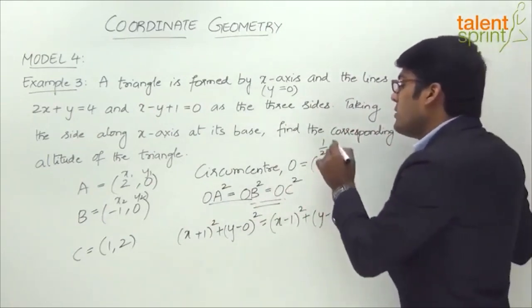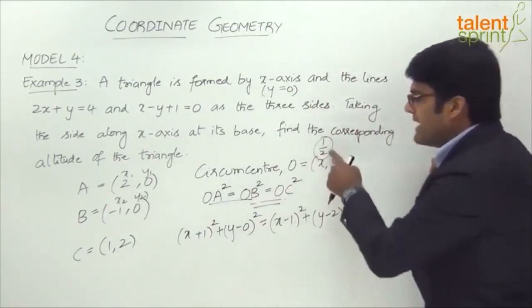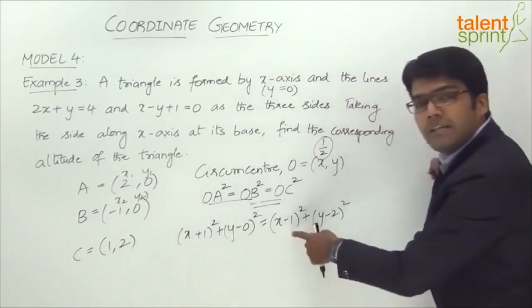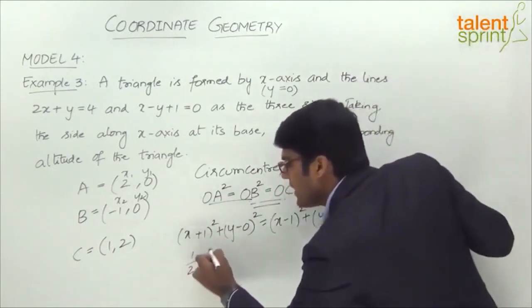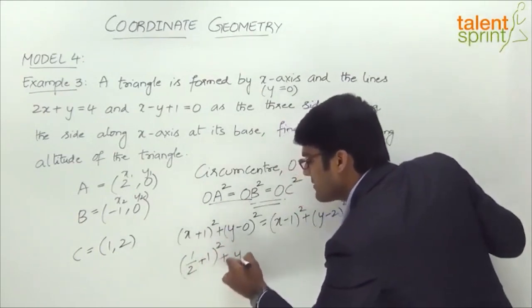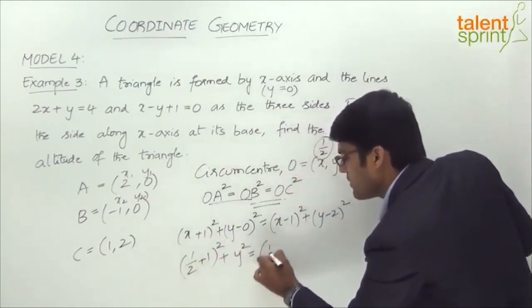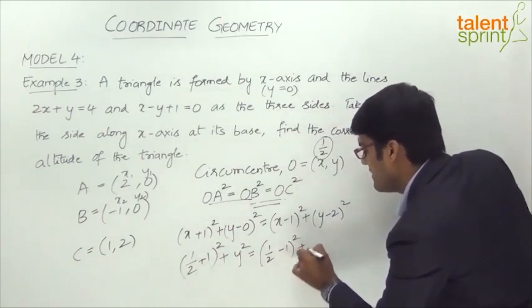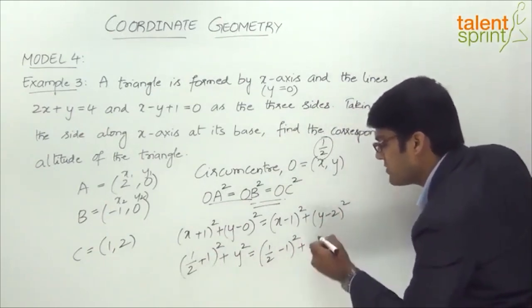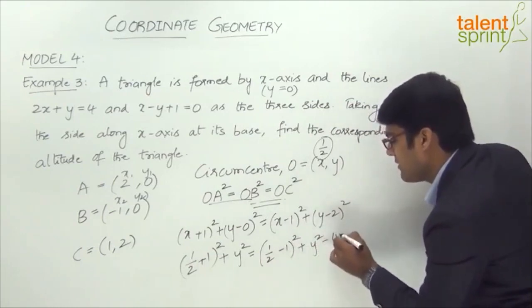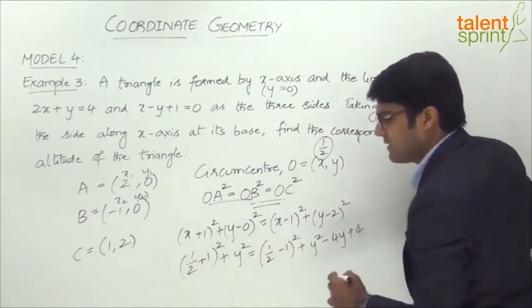And now that we have already got the value x equals 1 by 2, we can directly substitute x equals 1 by 2 in this equation and find out the value of y. So (1 by 2 plus 1) whole square plus y squared should be equal to (1 by 2 minus 1) whole square plus (y minus 2) whole square, right? (y minus 2) whole square can be expanded as y squared minus 4y plus 4.